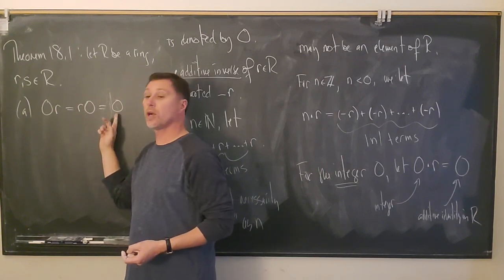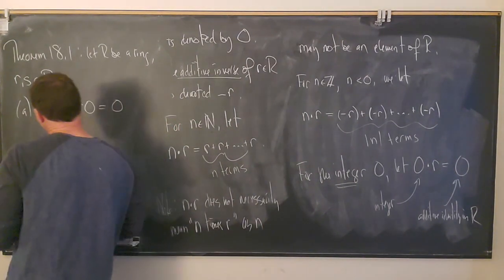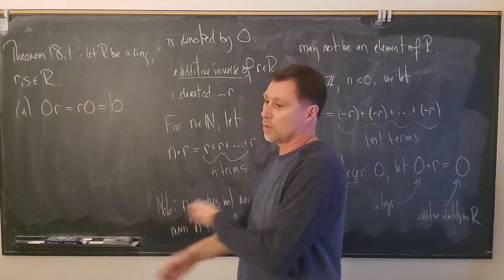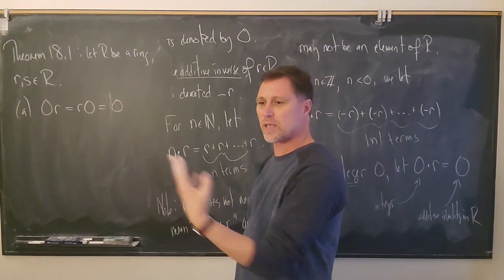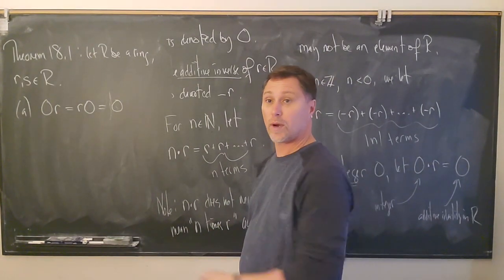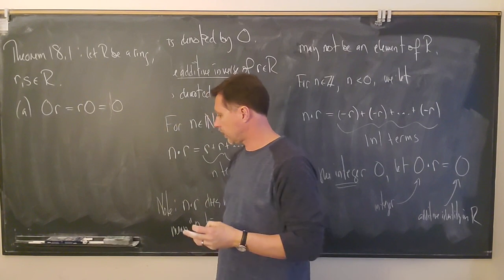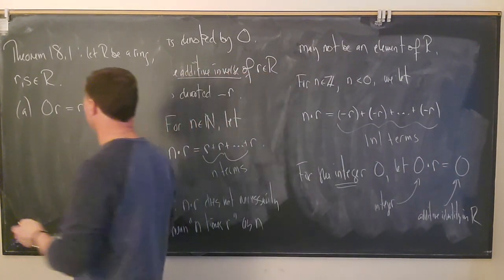And over here, this is the additive identity in capital R. This should make sense from multiplying integers: 0 is the additive identity in the integers, and if you do 0 times any other integer, you get 0. This property generalizes to arbitrary rings.